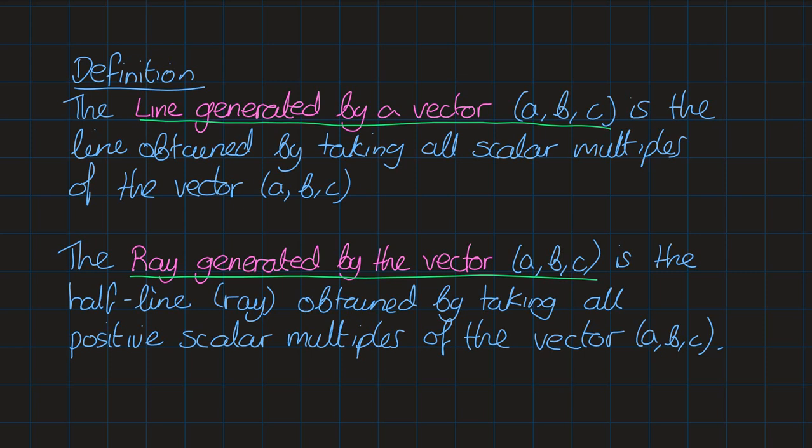I'm not going to spend much time on these because these are exactly the same definitions as in 2 dimensions, except in 2 dimensions we just had (a, b) instead of (a, b, c). Otherwise it's exactly the same definition. So this is the notion of the line and the ray generated by a vector in 3 dimensions.